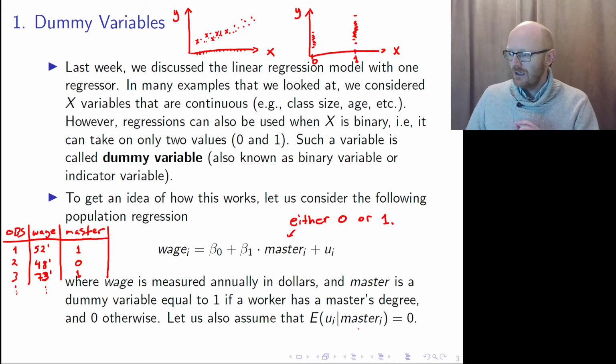It means that when master's degree is 0, the residuals are expected to have a value of 0, or you expect the mean of the residuals to be 0. Also, if the master's degree variable is equal to 1, the expected average of the residuals is equal to 0.